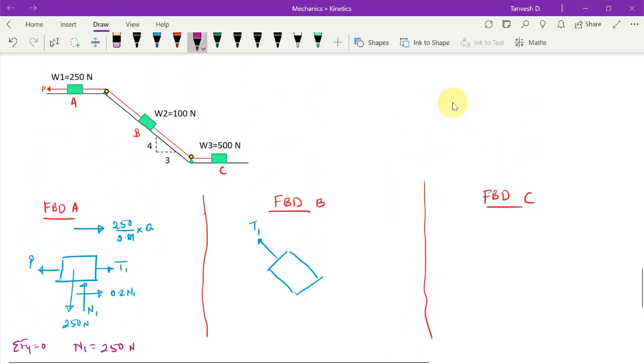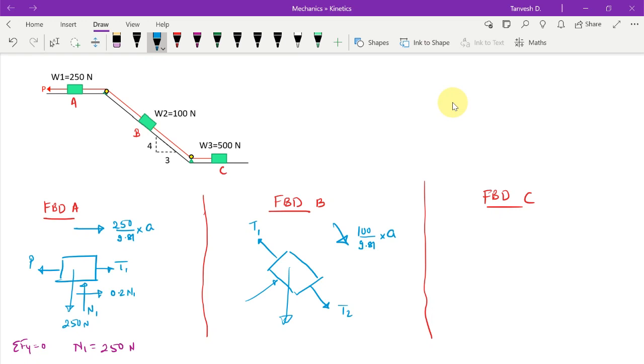And on the other side of the block, we also have a tension in the string, which let us say is T2. Now the movement of this block is like this, therefore the inertial forces would be this way, which is 100 divided by 9.81 into A. These are the inertial forces. Now there is the weight which is acting as 100 newtons.